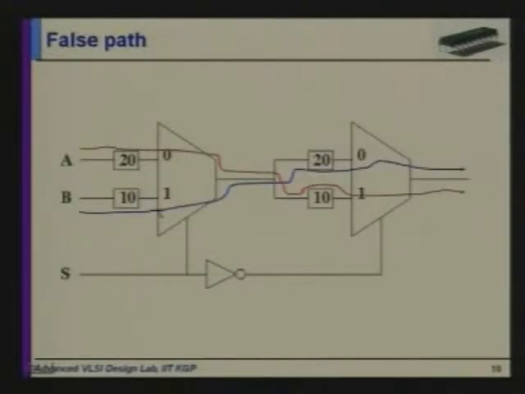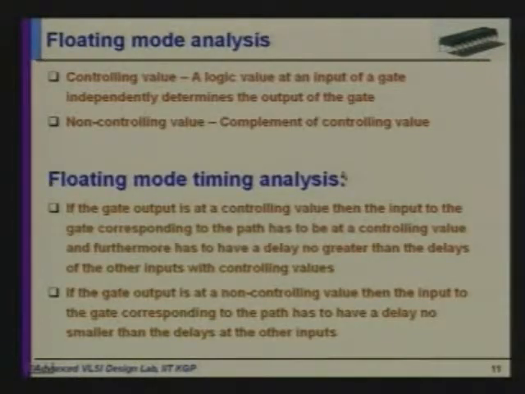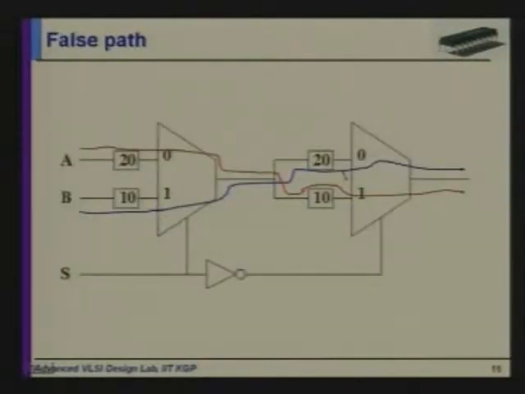Actually, there are two paths that can be activated, the red one and the blue one. We cannot have a path that propagates through 20-20 delay units, so there is no path with delay 40. So this is the basic concept of false path.